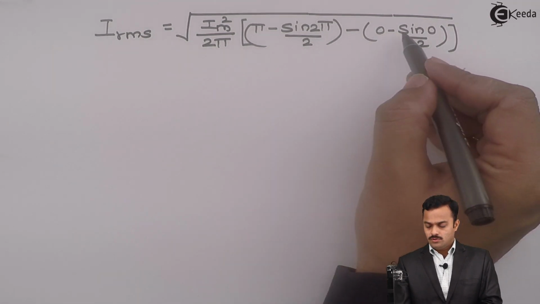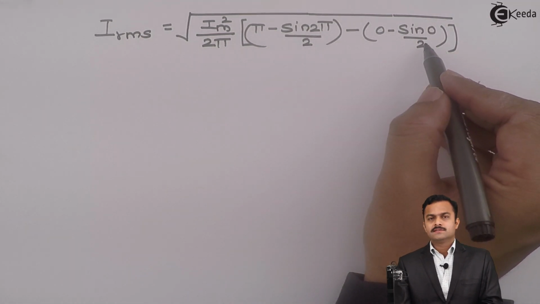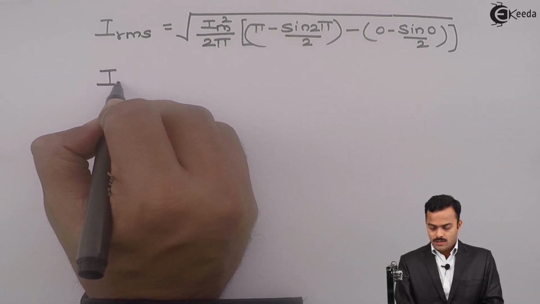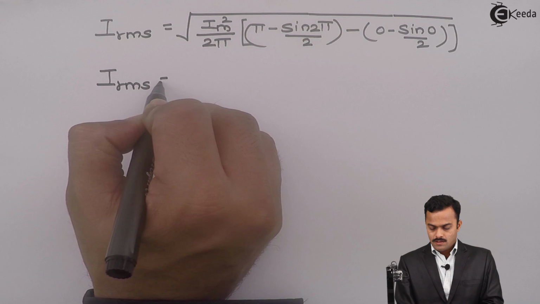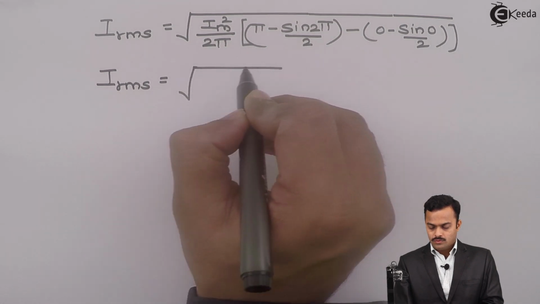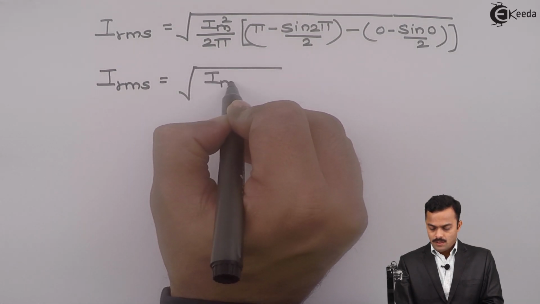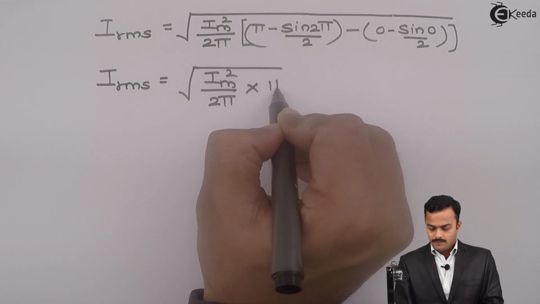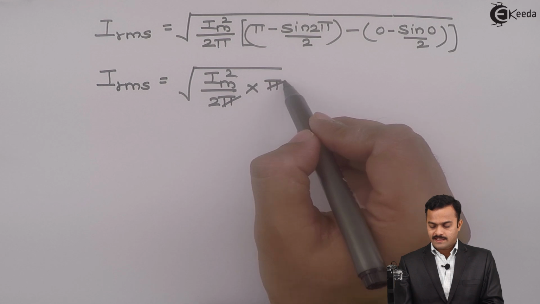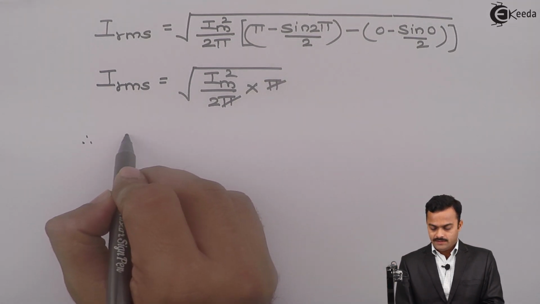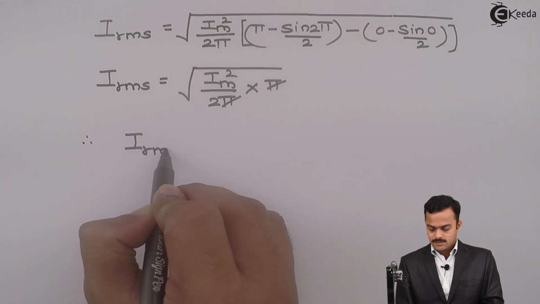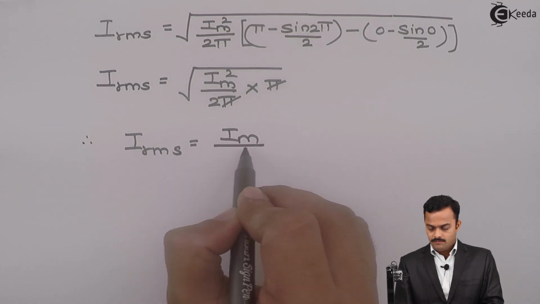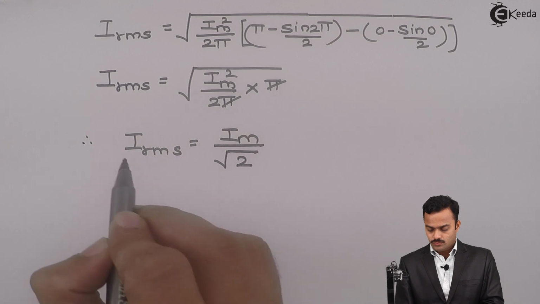Sin 2 pi is 0 and this entire term is 0, leaving behind only pi. So, IRMS equal to root of Im square upon 2 pi multiplied by pi. Pi gets cancelled and finally I will get IRMS for full wave rectifier as Im upon root 2.